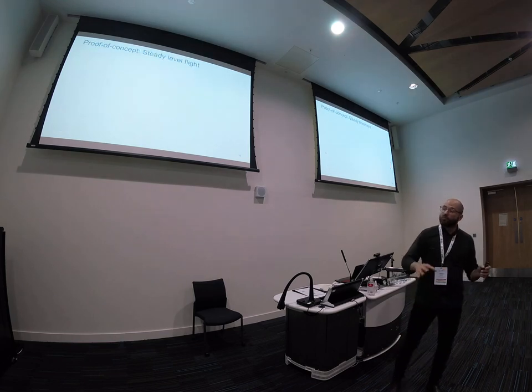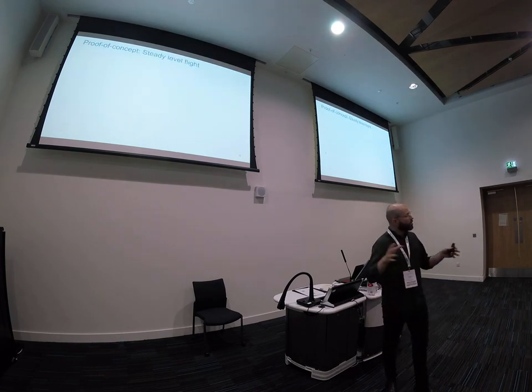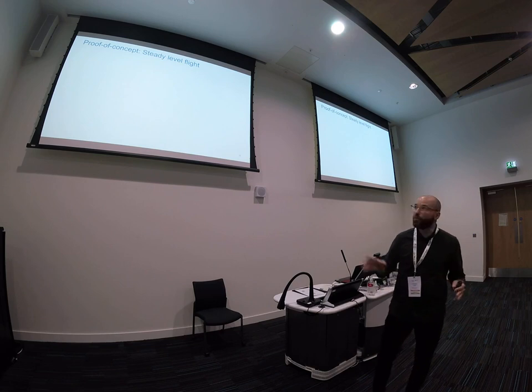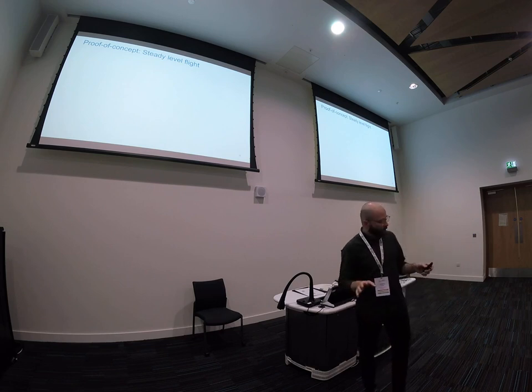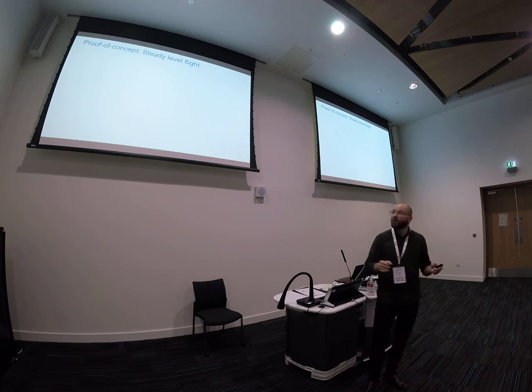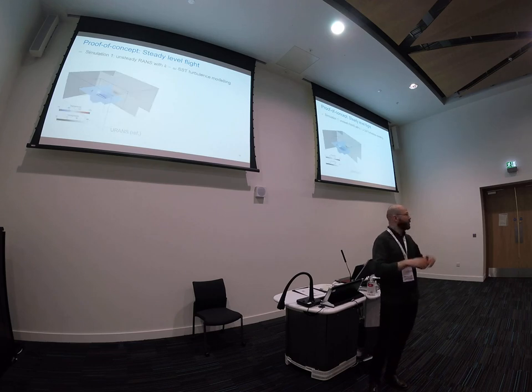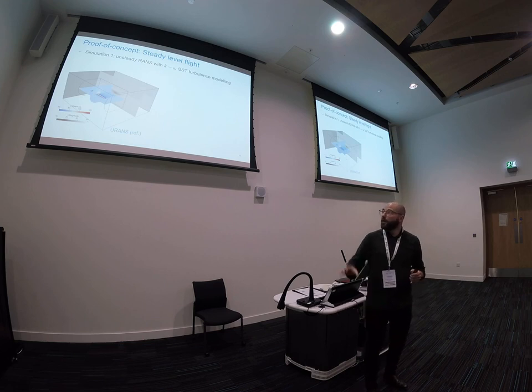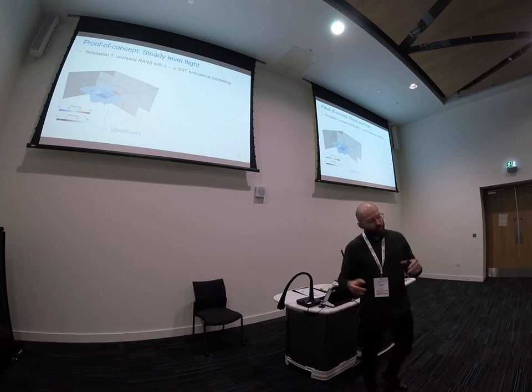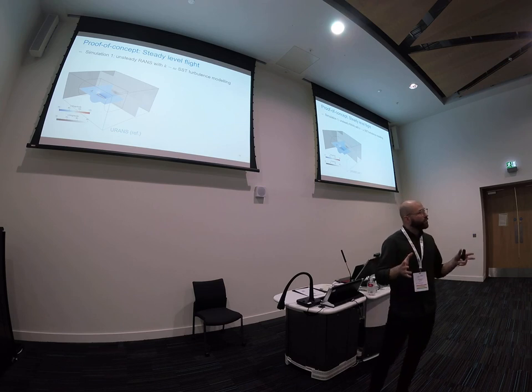In building up this framework, we've worked on a little proof of concept where we look just at steady level flight. We consider two examples. The first simulation is our unsteady RANS simulation, where we use a k-omega SST model. The inflow condition to our domain is about 80 meters per second.